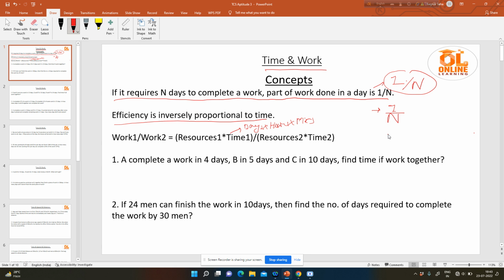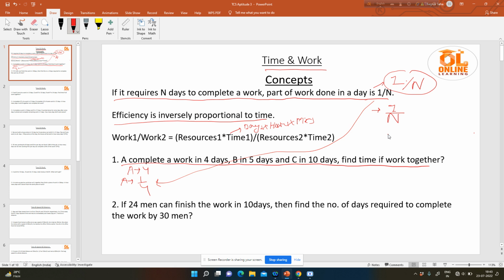Now let us solve the questions. A completes a work in 4 days, B in 5 days and C in 10 days. Find the time if they work together. So A completes a work in 4 days, so the amount of work done by A in 1 day is 1 by 4, according to this concept.